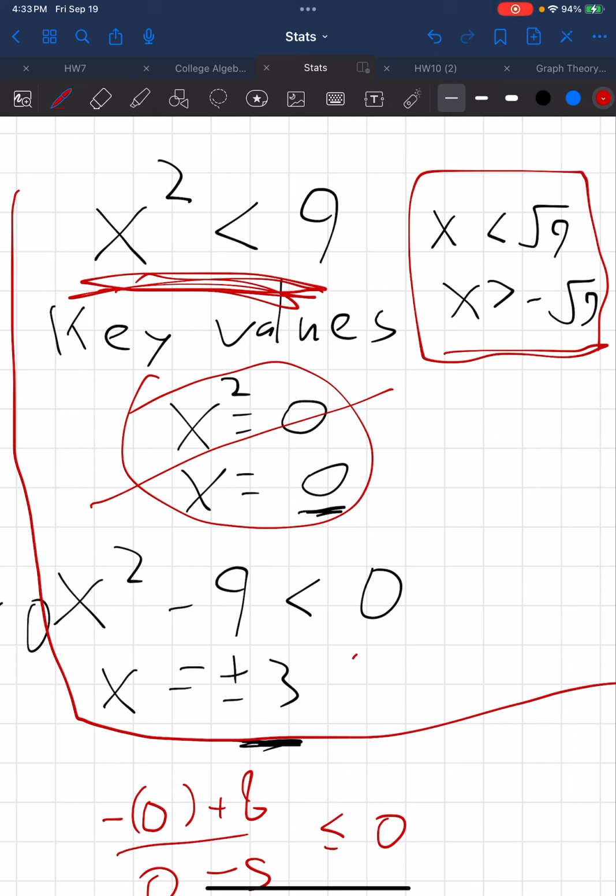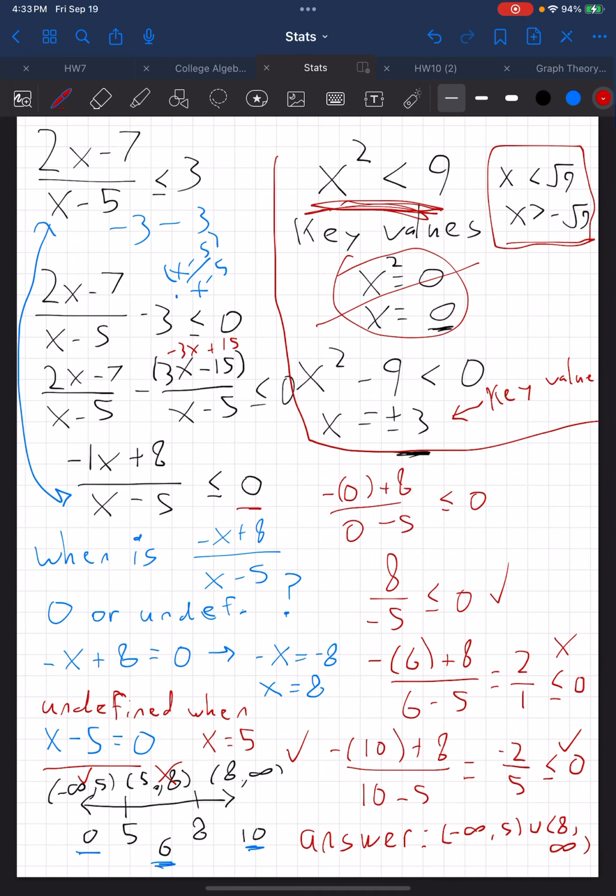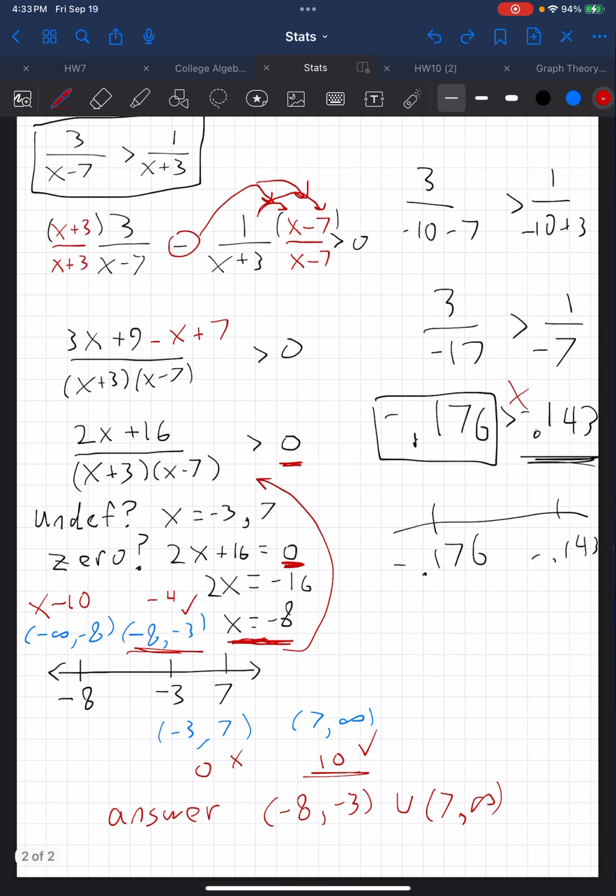Instead, I had to move negative 9 over and then see, oh, when is x squared minus 9 0, plus or minus 3? Those are the real key values. So that same thing happens with these weird fractions. So it's a little bit more work than we thought it would be at first, but certainly, yeah, we have to move these things over in order to be able to answer these questions.